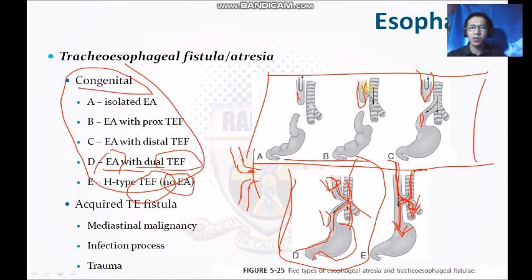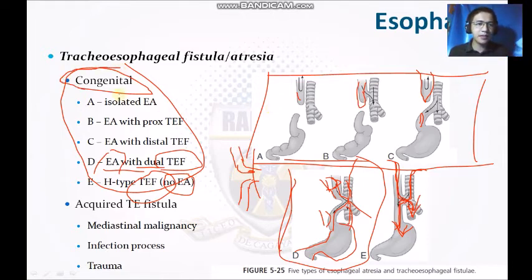So that means there's a problem with the pathway of the food, the pathway of the milk. Or if the patient is having difficulty of breathing, then that means there's a problem with the bronchial system of the patient. So just a few hours after the baby is delivered, if difficulty of swallowing or difficulty of breathing is demonstrated, then the baby will be subjected to x-rays. Okay? So they are x-rayed in order to demonstrate any problems.